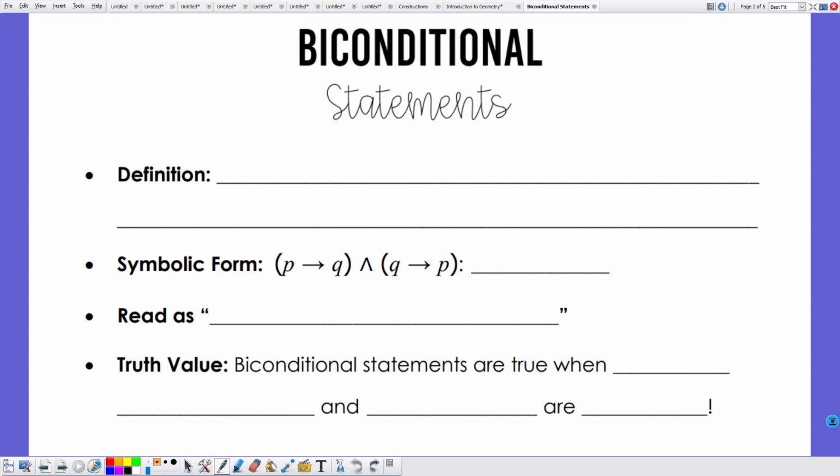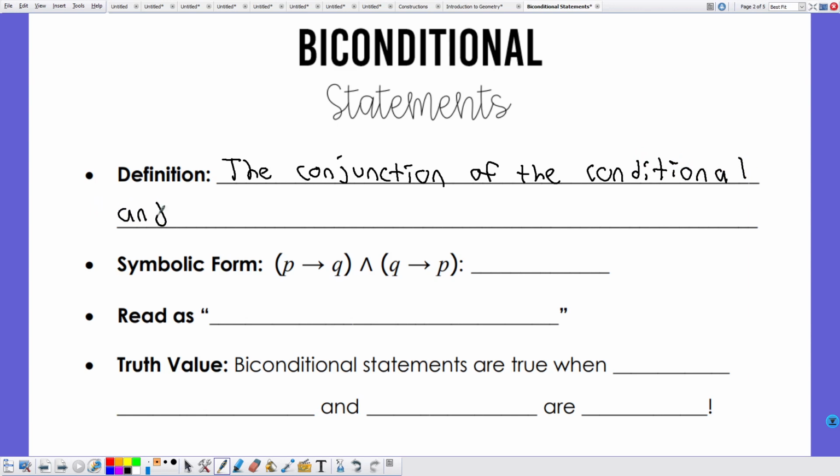So, a biconditional statement is the conjunction of the conditional and its converse.